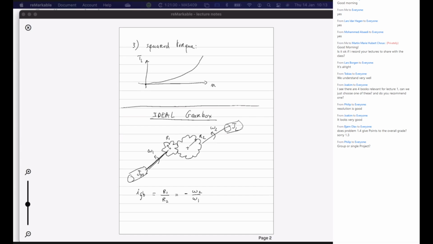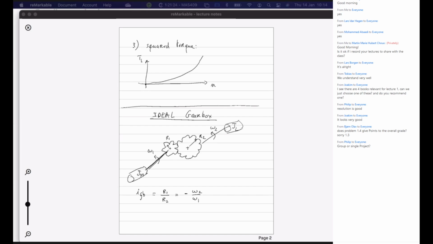To find this relation, you can think that the speed at the contact between the two gears will be the same. The speed expressed in terms of R1 is R1 omega 1 on the left, and it's R2 omega 2 on the right.